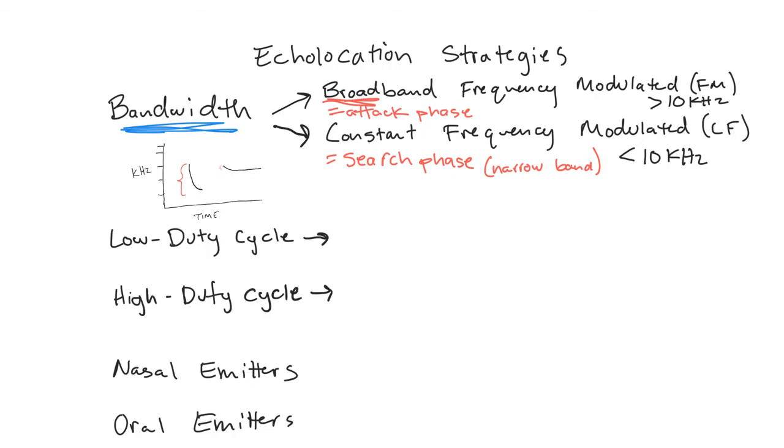And this allows detection of objects, but doesn't give much spatial information. Okay, so this is used by bats or dolphins as their searching method. So they're just doing this constant frequency scanning to pick up their prey, something in the area.